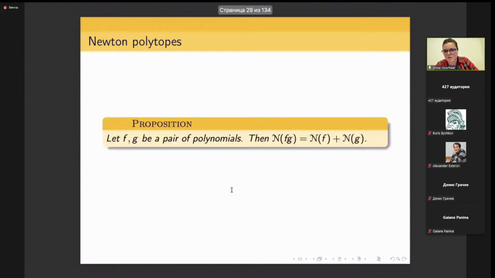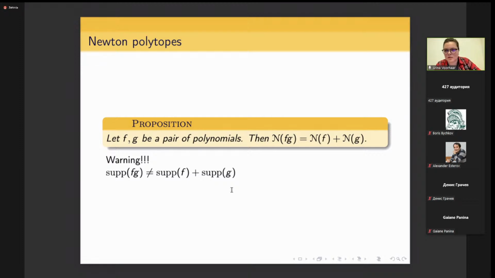Probably quite an essential thing to keep in mind is that the Newton polytope of the product of two polynomials is equal to the Minkowski sum of the Newton polytopes of those polynomials. But beware, it's not true for support sets. Take, for instance, the polynomial x squared minus 1.